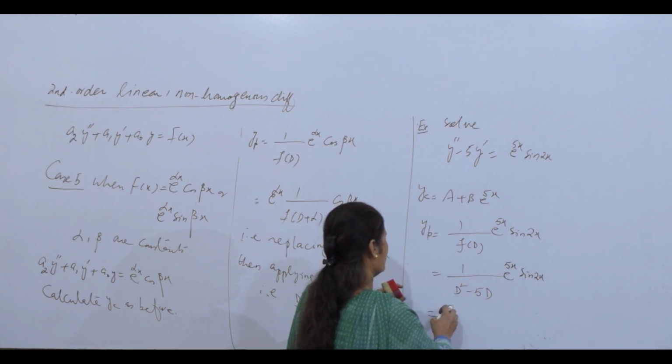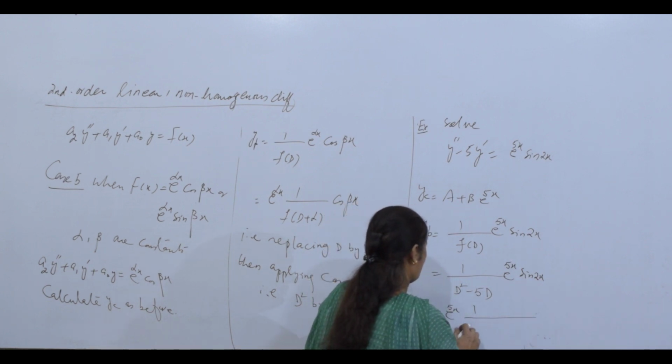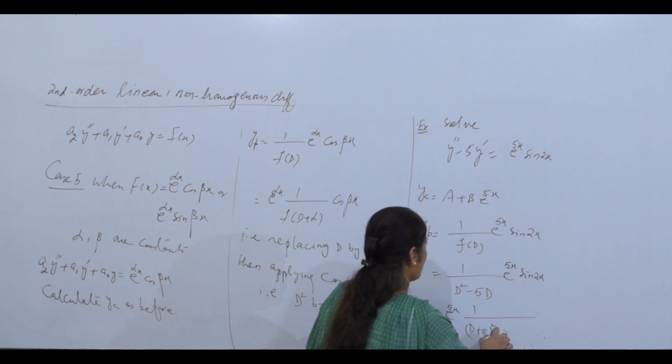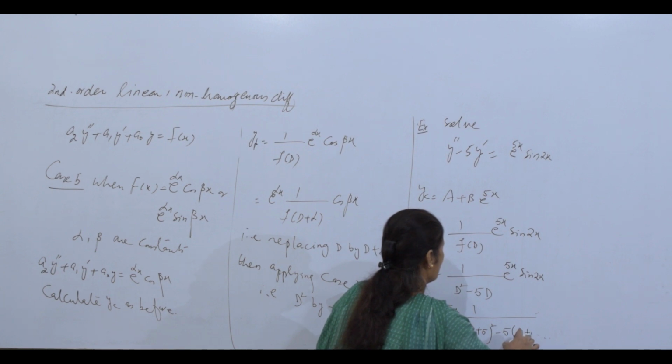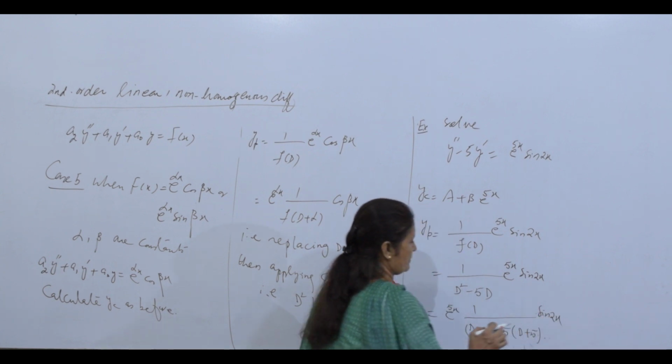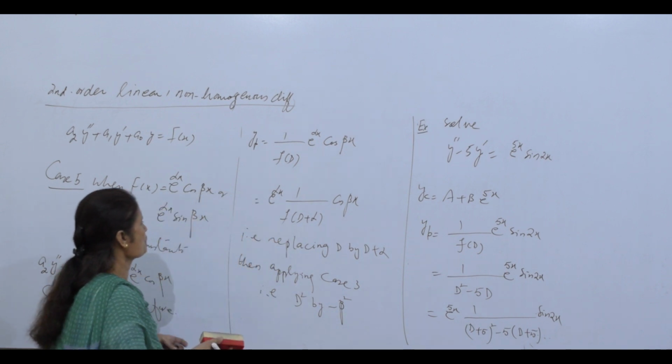Replacing D by D plus 5, where α is 5: (D plus 5) whole squared minus 5(D plus 5), acting on sin 2x.